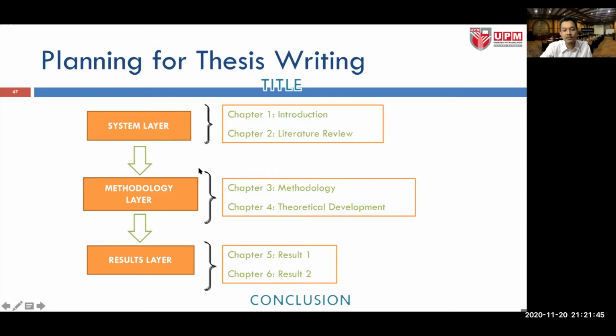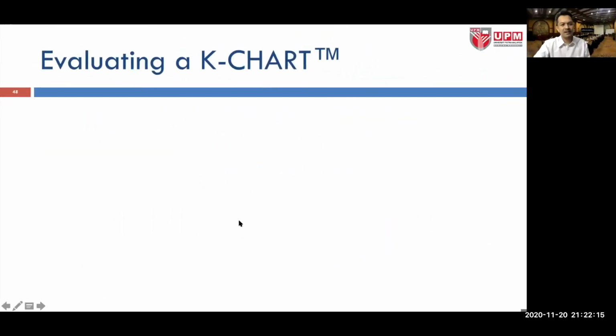For the methodology layer, of course, chapter 3 methodology and the theoretical development, you may have chapter 4, or you may also have just one chapter 3. Results, chapter 5 maybe results for the experiment, maybe chapter 6 results for the numerical simulation, and the conclusion. So you can see that you may use the whole KCHAT for constructing your dissertation and your thesis.